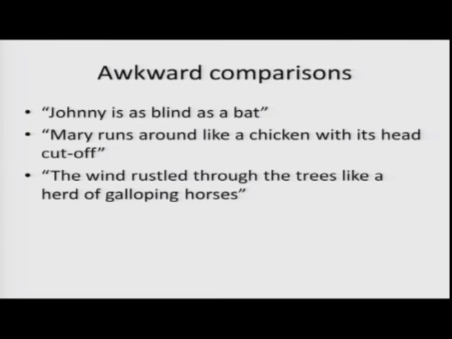This actually makes people feel sad. Look at the second example. Mary runs around like a chicken with its head cut off. This again brings a very horrifying image into the minds of readers, a chicken with its head cut off running around. So, that is a very bad comparison.